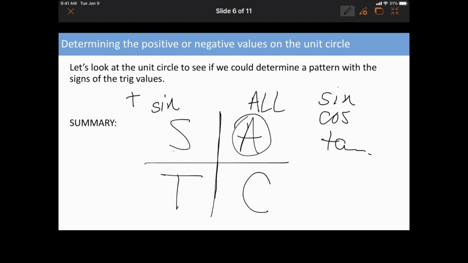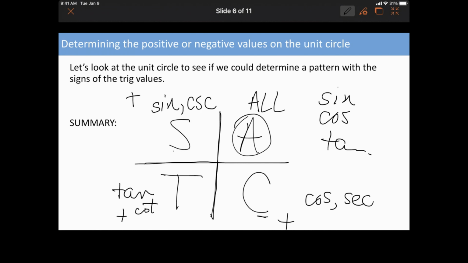See this? It is a coordinate plane, but it's also a big plus. But it's also its reciprocal, cosecant. What's positive here? Tangent. And its reciprocal, cotangent. What's positive here? Cosine and secant.